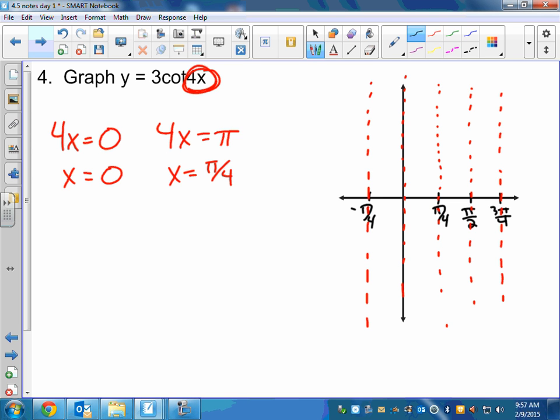What else is different on this one that we haven't done yet? There's a 3 in front of that, right? So if I take halfway between 0 and pi fourths, what's halfway between 0 and pi fourths? Pi 8. Is that right?